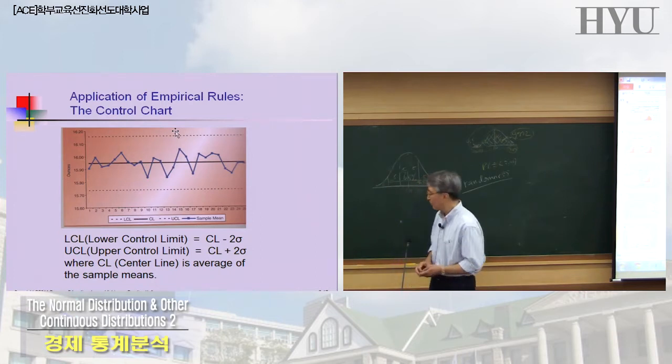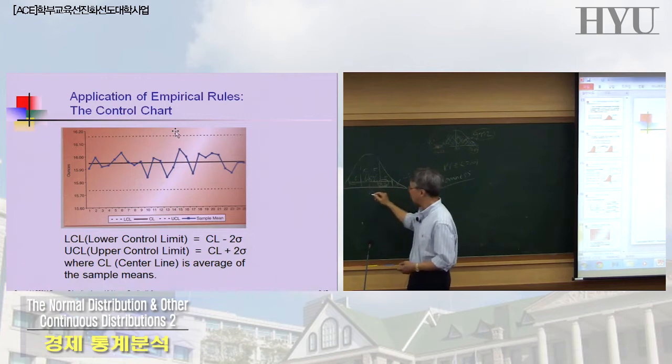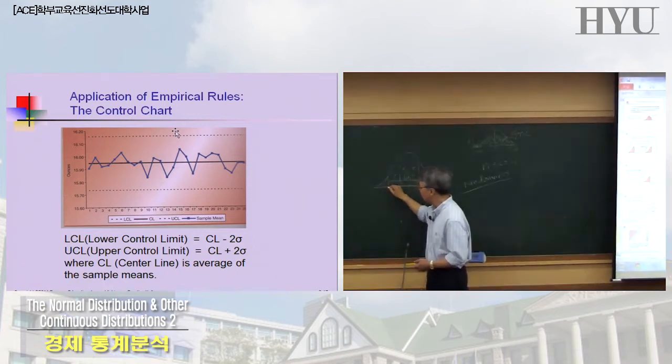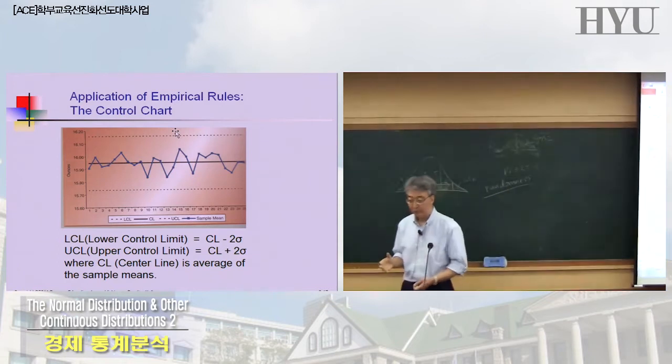Because according to the empirical rule, you know that within 2 standard deviations, we have 95% of observations, right? So the probability that it will exceed this 2 sigma value is 2.5%. The probability that it will be lower than this 2 sigma value is another 2.5%, right? So if the machine is working fine, right?